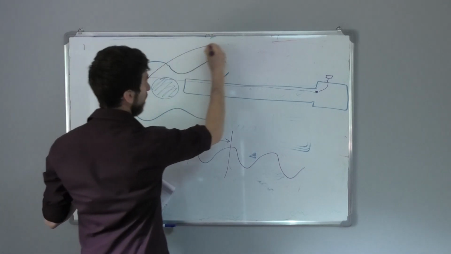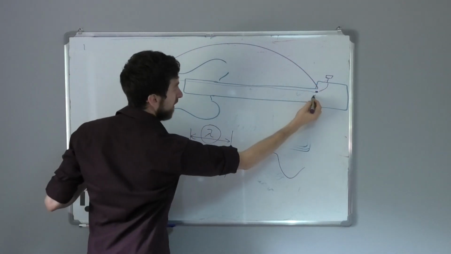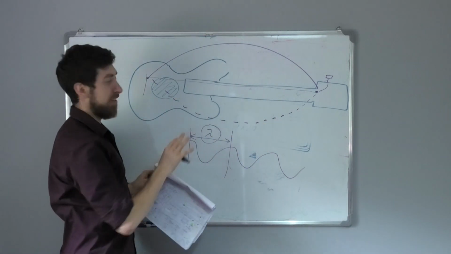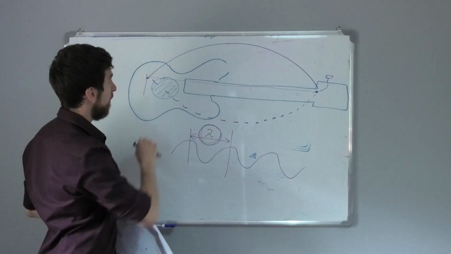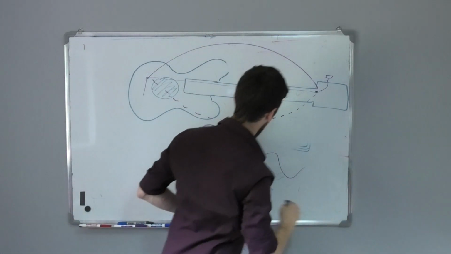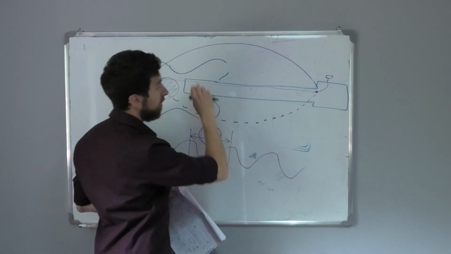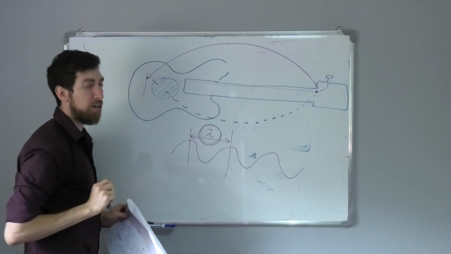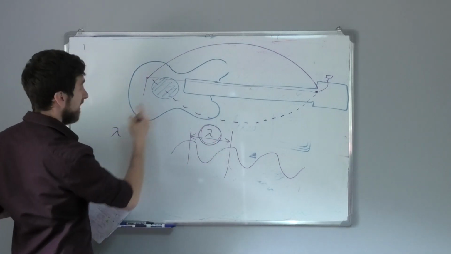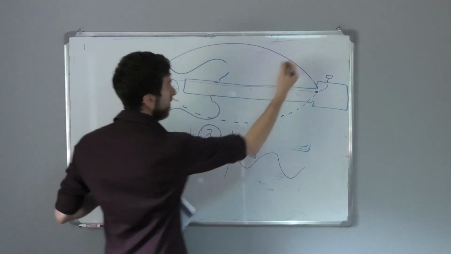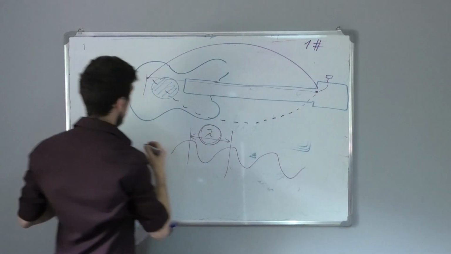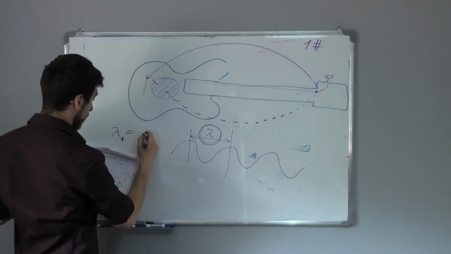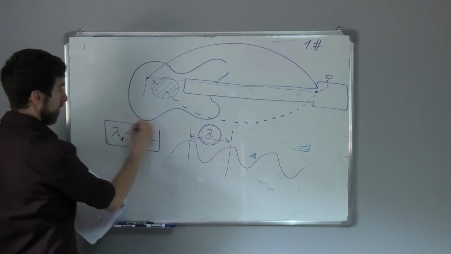If I look at this configuration, going up and then in the next part going down, this is actually half of lambda, right? Because if it continues to be a sinusoidal wave, this is half of a full cycle. So lambda is actually 2 guitars. In this configuration, let's call it configuration 1, lambda 1 equals 2L, 2 guitars.